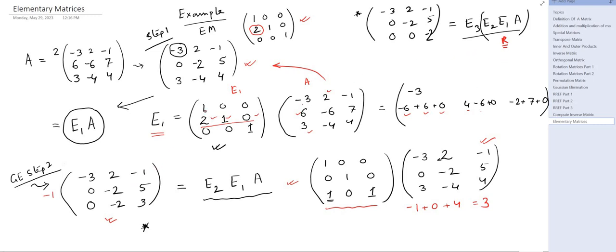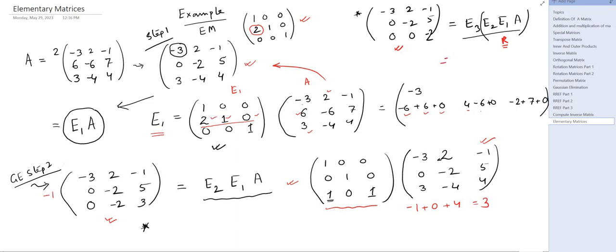Okay, minus 3 to this one. So we need another elementary matrix which will multiply this, and that will give me back again the original matrix, this matrix actually, this result actually.